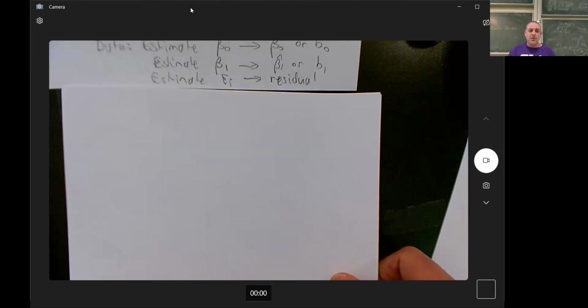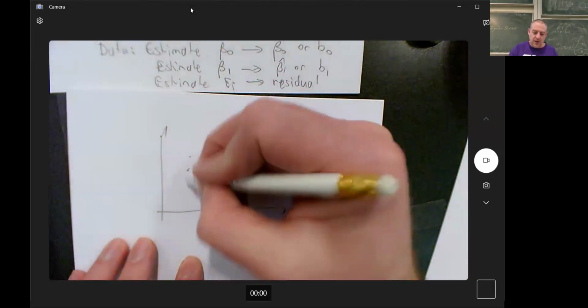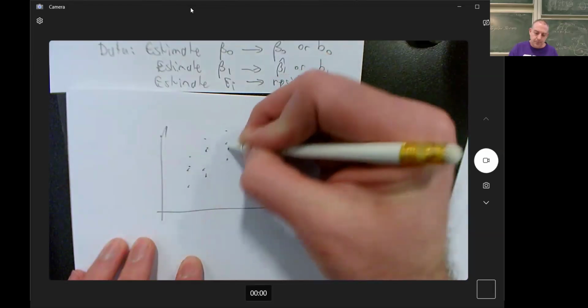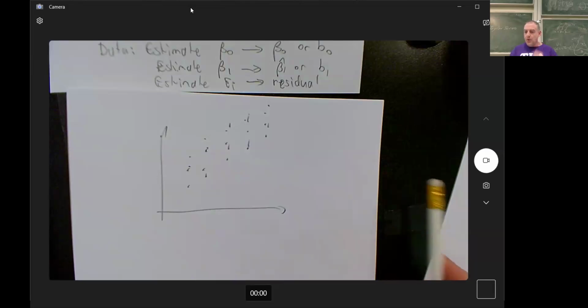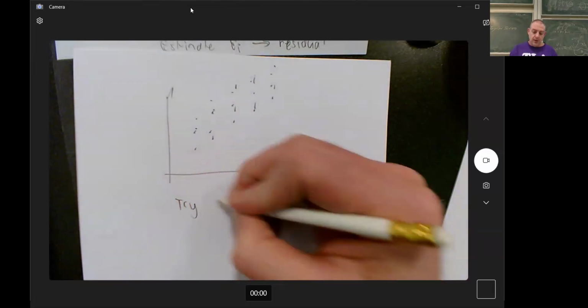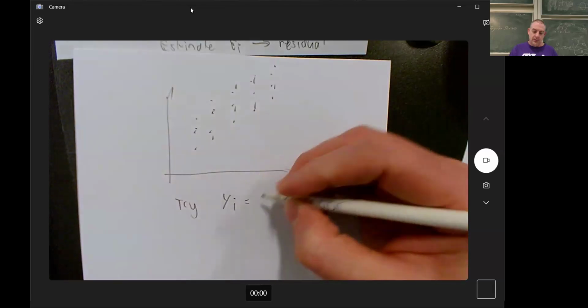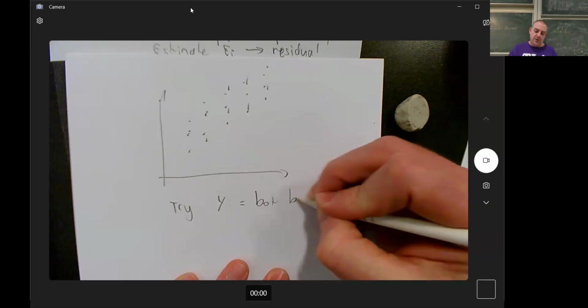I have this picture in my head of how this works, and it goes like this. This is our actual data, like that. And what you do is you try all the possible lines that you could draw. So you try y equals b naught plus b1x.